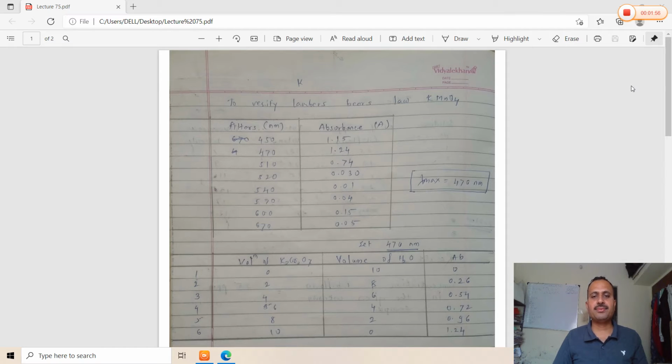Now the procedure. In the procedure, we prepare a volume of K2Cr2O7, or you can say KMnO4, and a volume of water, and we measure the absorbance. Firstly, take 0.01 molar KMnO4 in a cuvette or cell, and measure the absorbance of the 0.01 molar KMnO4 solution.